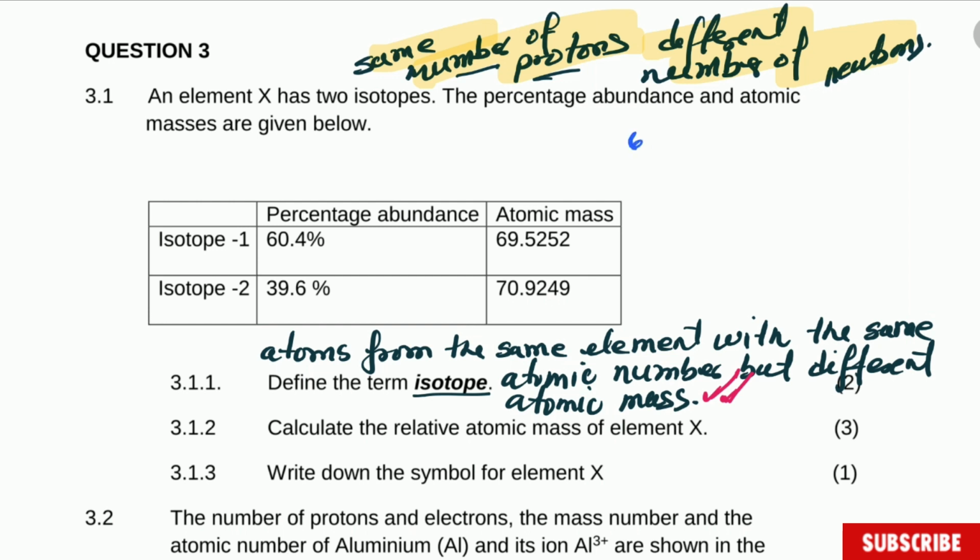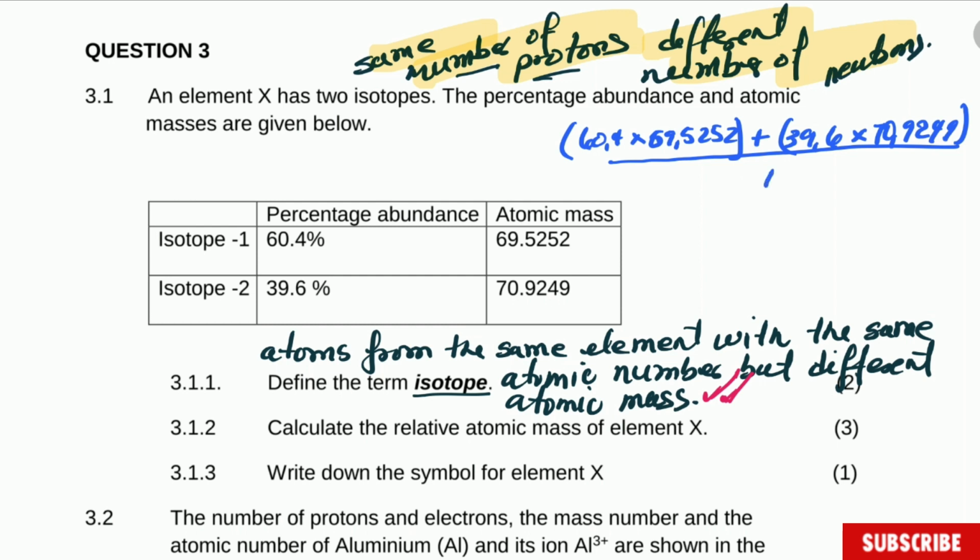For example, 60,4 times 69,5252, and we're going to add the other one, which is 39,6 times 70,929, and everything will be divided by 100.